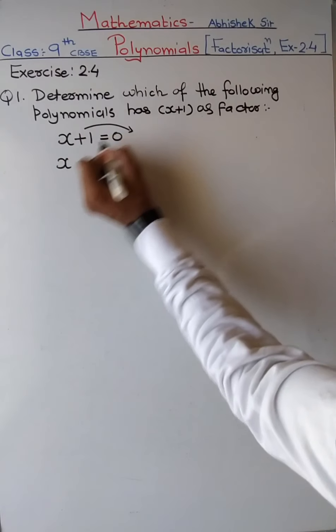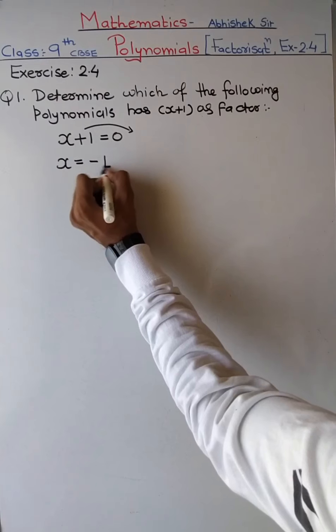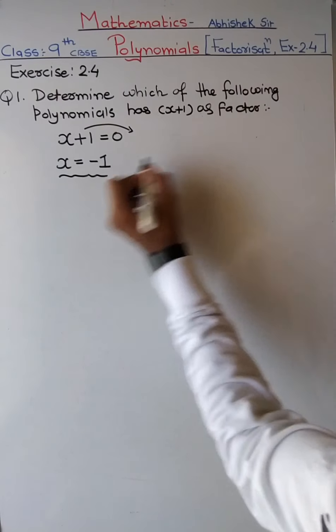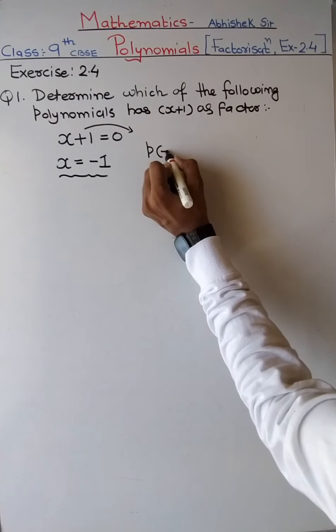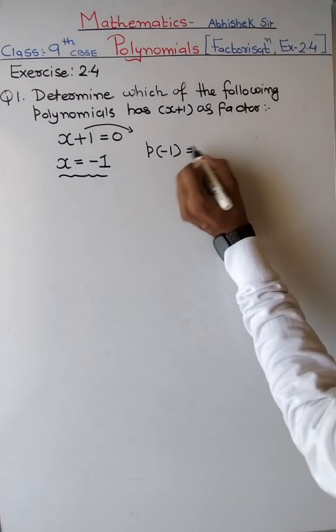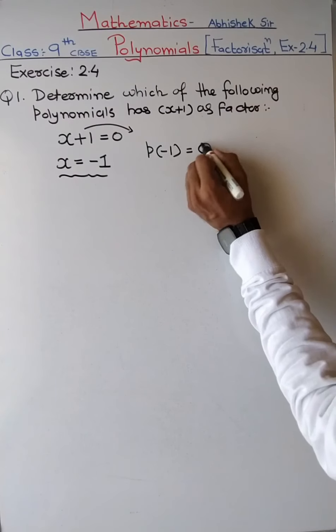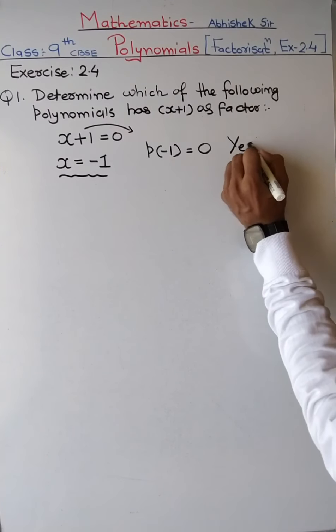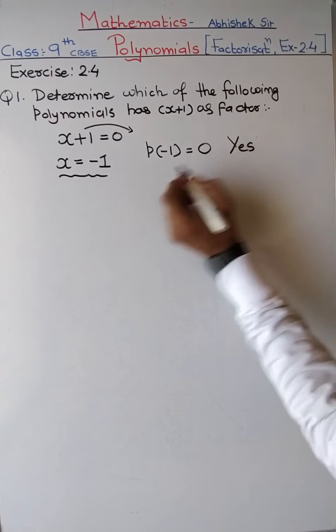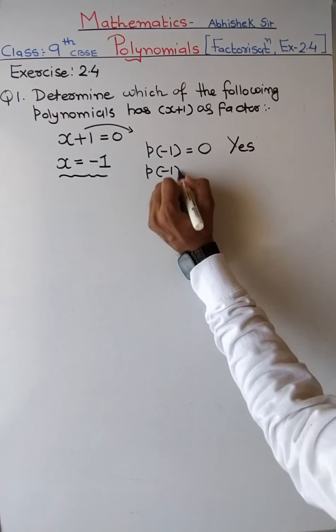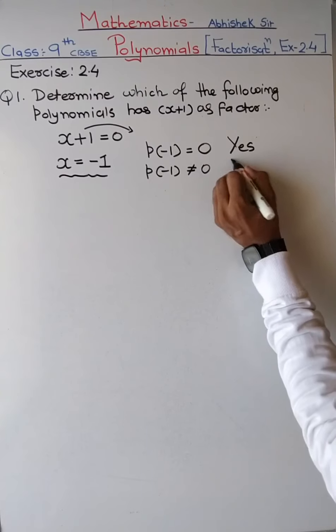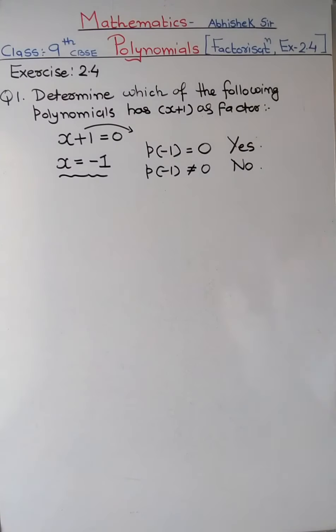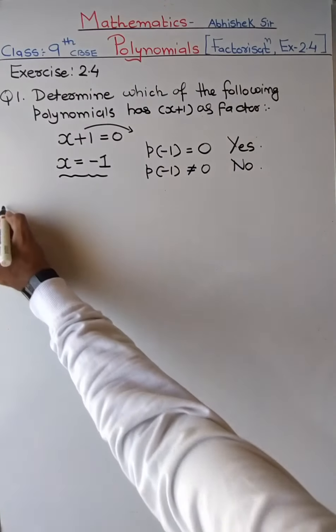So this plus 1 will go on this side, x equals to minus 1. Okay. Now if in all these polynomials p of minus 1 is 0, then we will write answer as yes, and if p of minus 1 will not be equal to 0, we will write no. Clear?